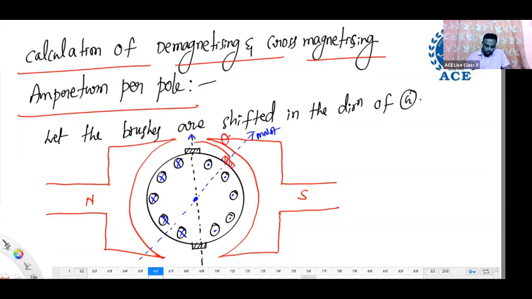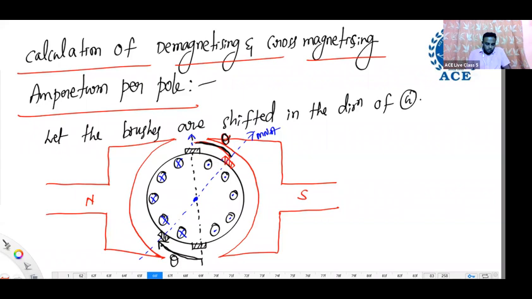Whatever angle the MNA shifted by, theta, the brushes are also shifted by the same angle theta. Now with respect to the brush position, the current will change: here cross, here dot.